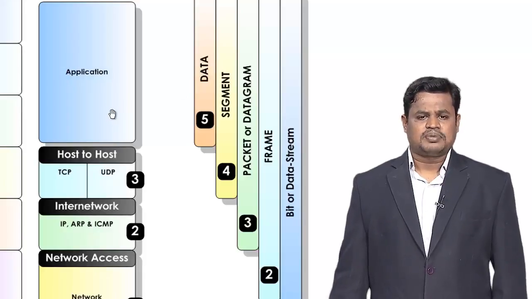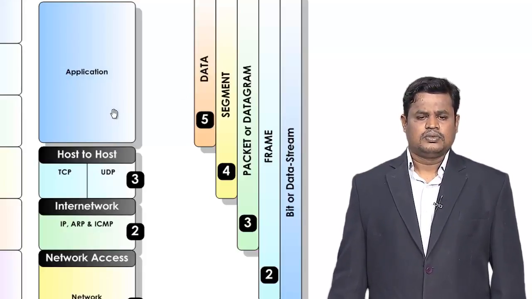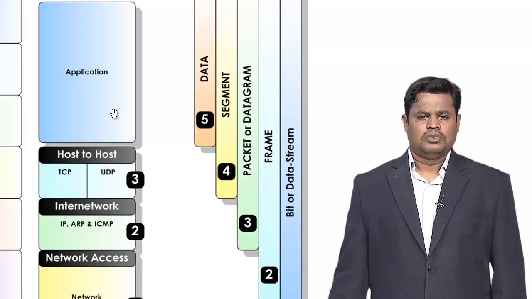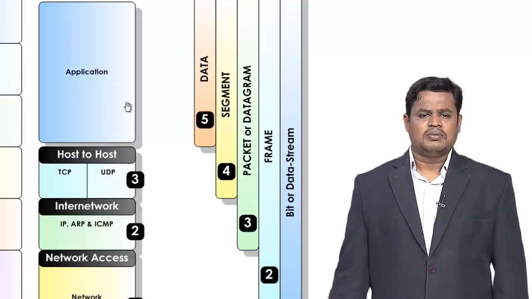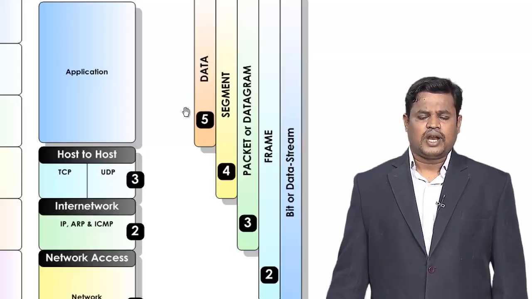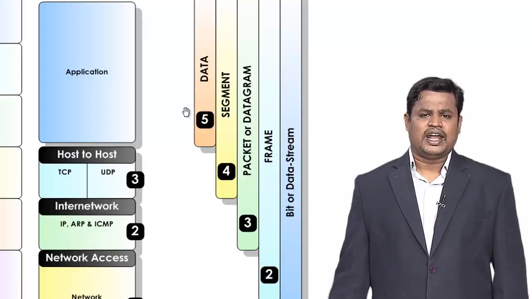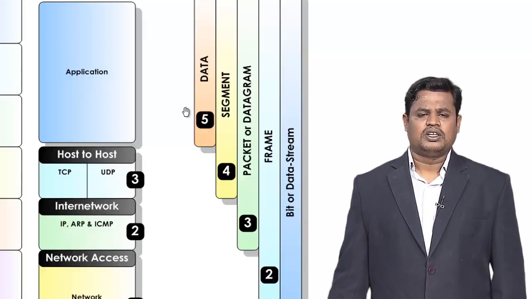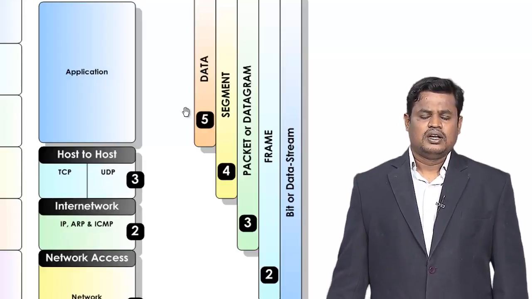So what do you mean by encapsulation? It means I am making the data available for the end user by adding some additional information, like our postcard. Suppose I am going to send a letter to a person, I need to write the content and put it in an envelope, then forward that message to whoever the recipient may be.